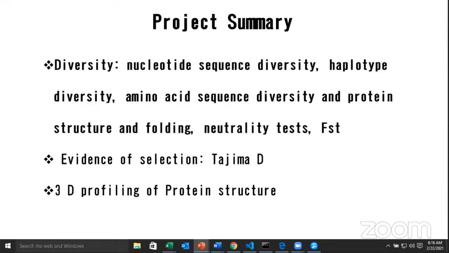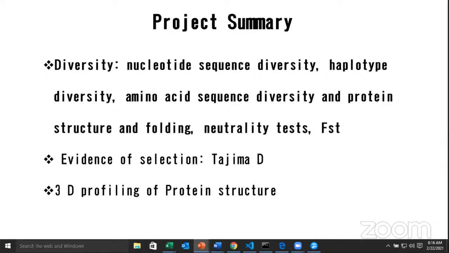So the project summary involves looking at diversity indices such as nucleotide sequence diversity, haplotype diversity, and amino acid sequence diversity, and also looking at the protein structure and its folding, FST and genetic structure.